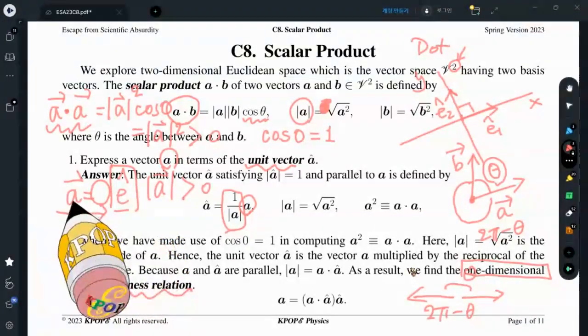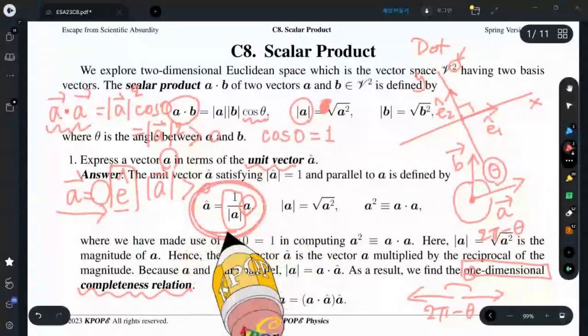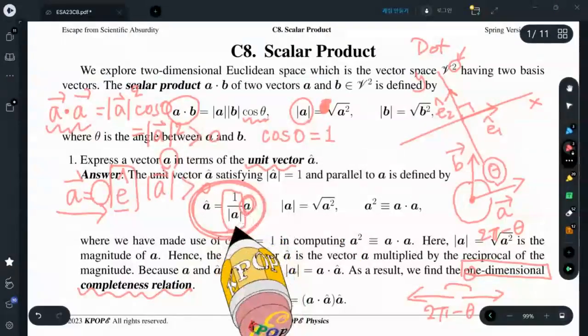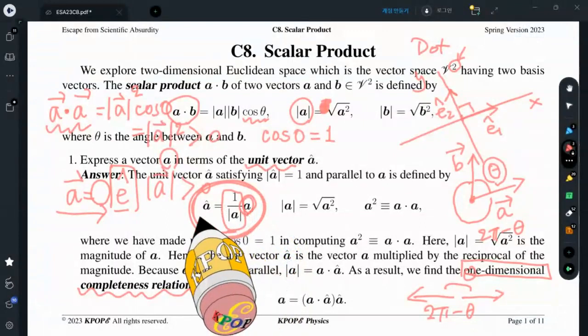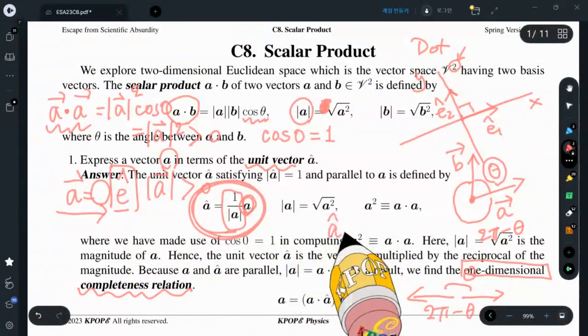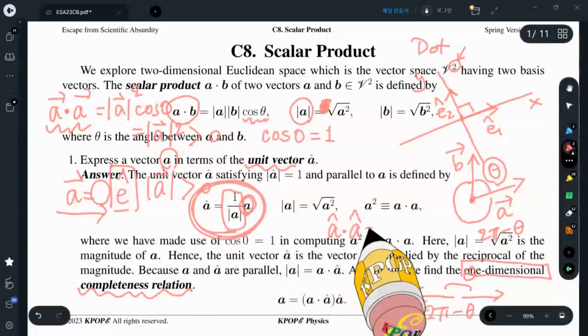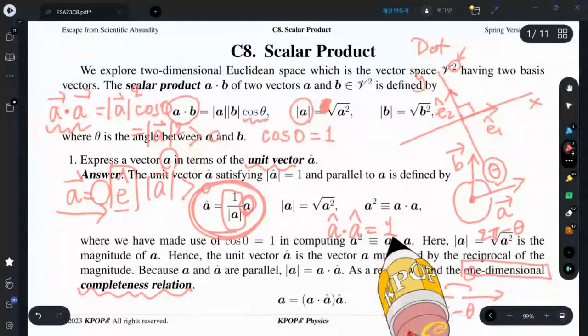That unit vector is parallel to this A, so what we have chosen is this unit vector, A vector divided by its own magnitude. In that case, we know A hat dot A hat is nothing but 1.